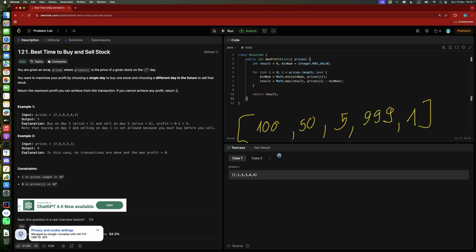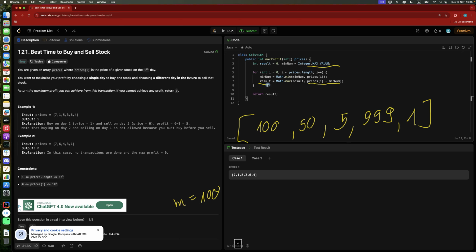So let's see what will happen by applying this. First, the min, I will abbreviate it like m, will be 100, because 100 is lesser than the max value of the integer type. And then we will check price i minus min number, 100 minus 100, it will be 0.